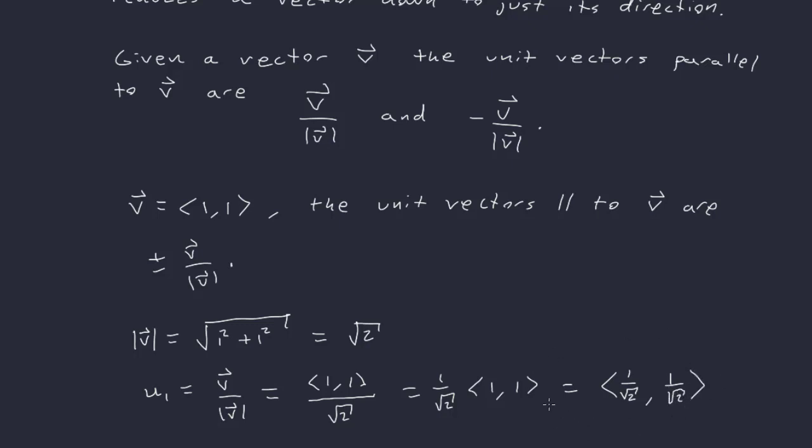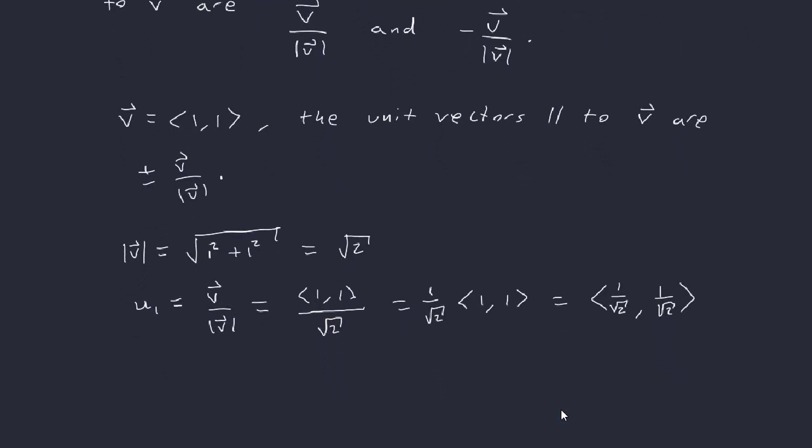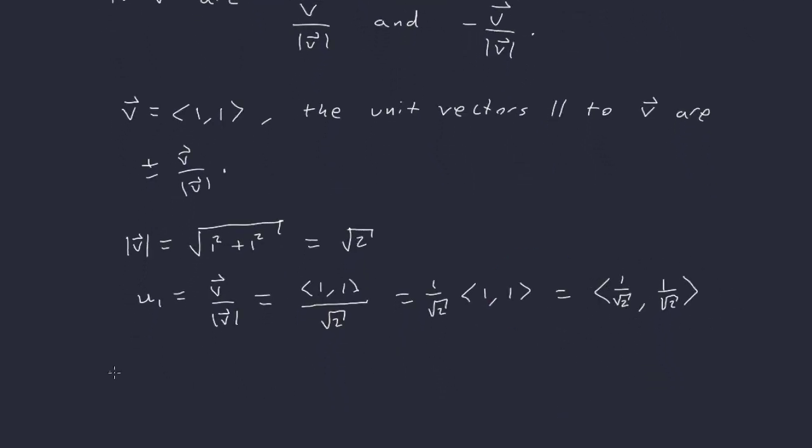Now, at the moment, this might not remind us of anything, okay? But if we rationalize the denominator, again, we don't have to do this, I'm just trying to show a pattern here. If we multiply the top and the bottom by root 2, we get this vector here, square root of 2 over 2, comma, square root of 2 over 2.